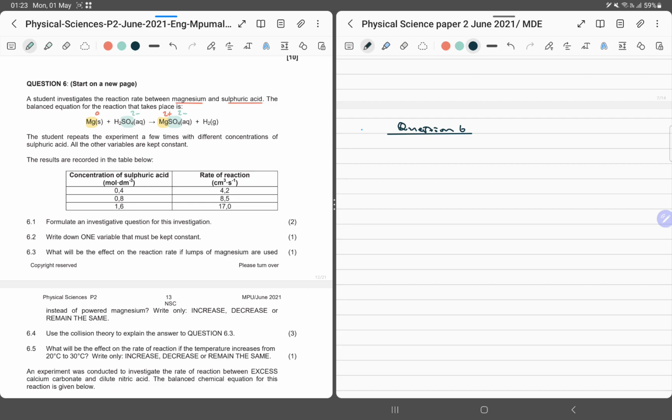But what is happening is between magnesium and hydrogen here. Let's look at the hydrogen here. The hydrogen is basically 2 plus here. And then here it's 0. So the hydrogen has actually decreased in its oxidation number. So this is again a redox reaction.